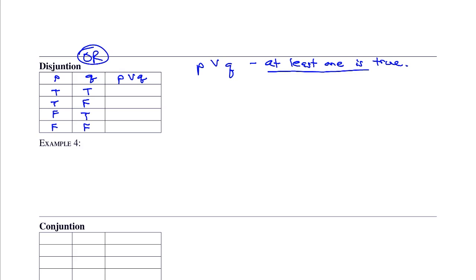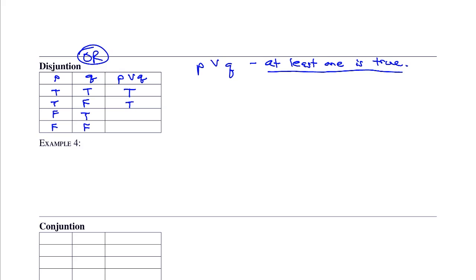At least one is true makes this proposition true. So here, P is true, Q is true, P or Q is true because at least one of them was true. In fact, they were both true, which is fine. What about the second line? P is true, Q is false. That is true because at least one of them was true.